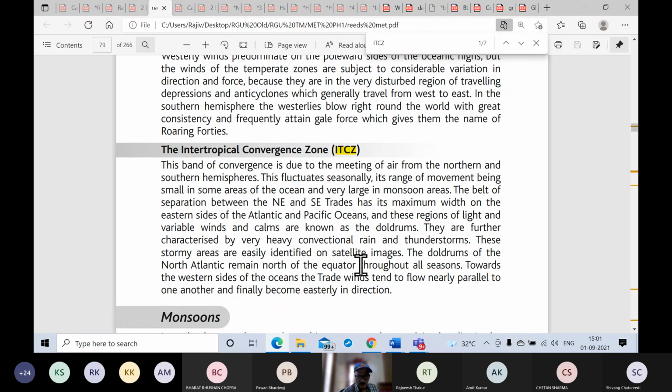But just to recall and remember, this area is marked by intense thunderstorms, very heavy convectional rain and thunderstorms.